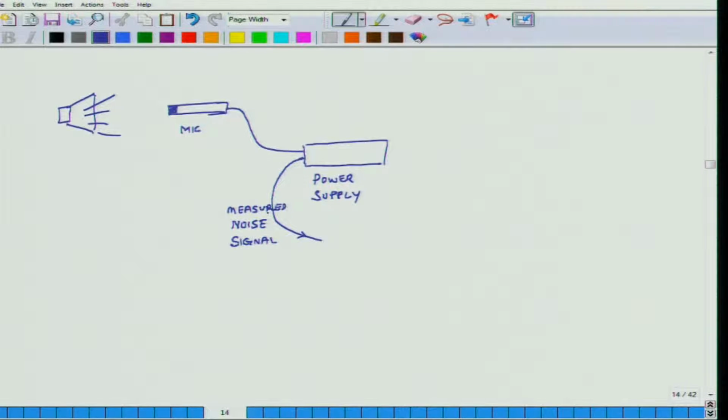I will not call it noise signal, because noise is also sometimes used as something which is unwanted.